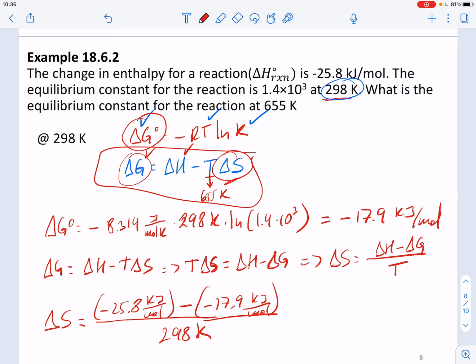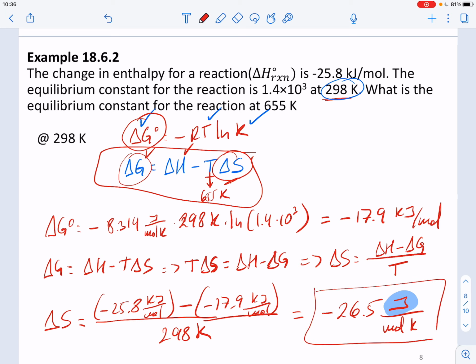Okay, and what I get out of this, after doing the proper conversions with the units, I get minus 26.5 joules per mole Kelvin. And I want to stress the joules here. Okay? So now we have delta S.